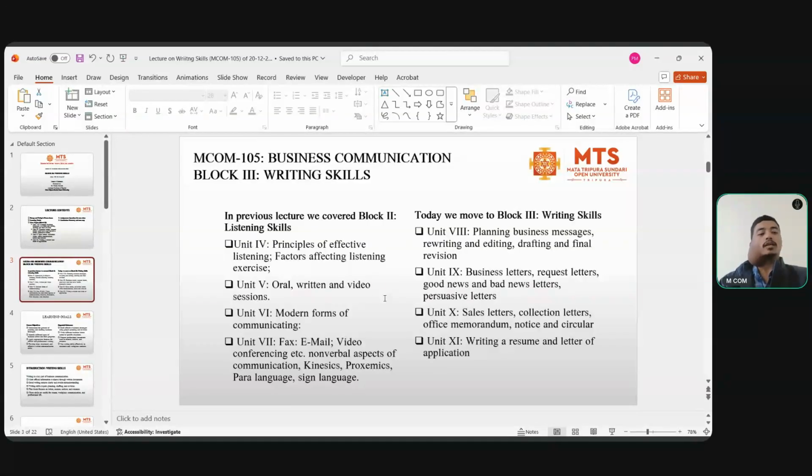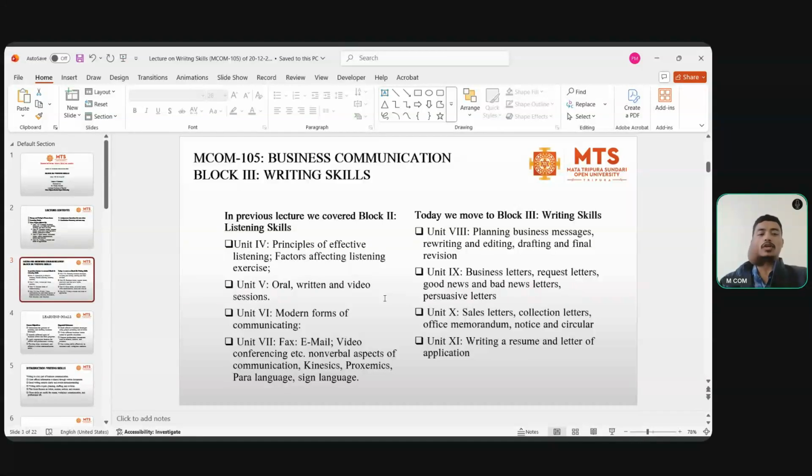Listening and writing are closely connected. A good writer is also a good listener. When you listen carefully, you understand any kind of instructions clearly and write better messages.